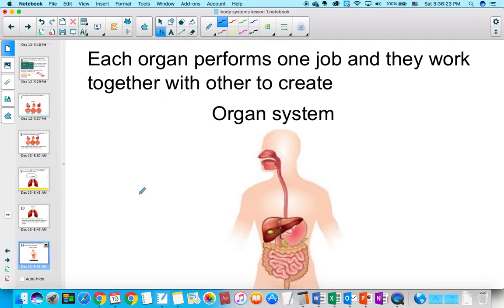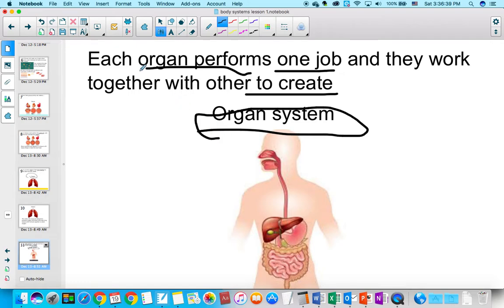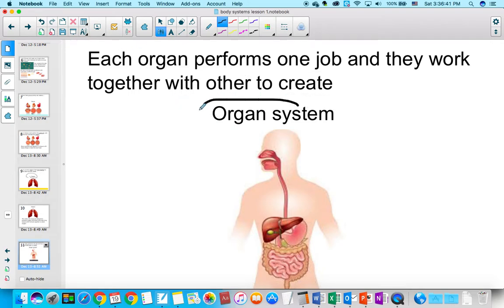And then when you have organs working together to do the same job, you have an organ system. If organs perform one job together, they create an organ system.